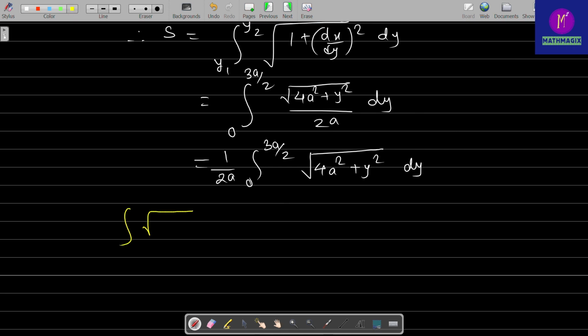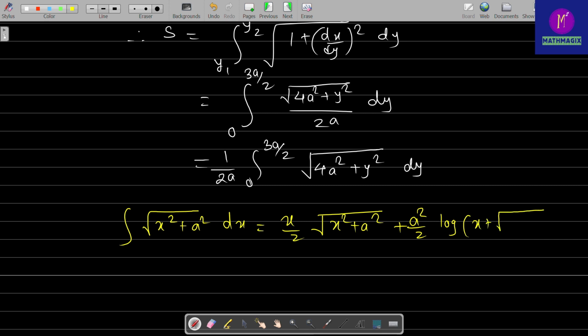Now here we need to apply one formula of integration, and that formula is this. The integration of square root of x square plus a square dx is nothing but x by 2 square root of x square plus a square plus a square by 2 log of x plus square root of x square plus a square plus c.